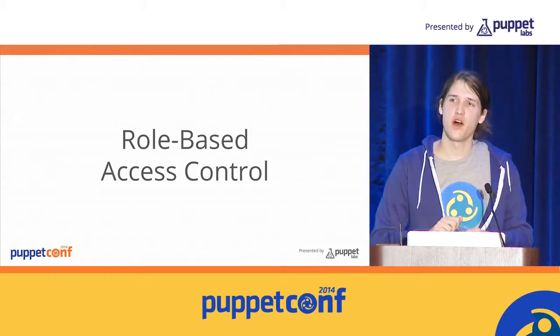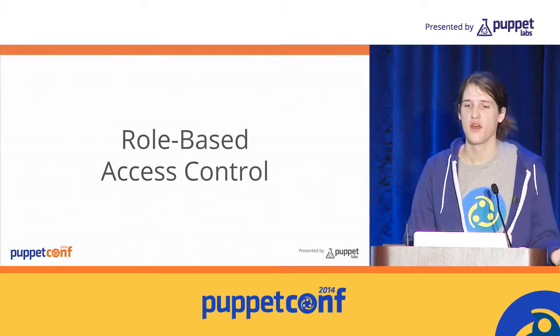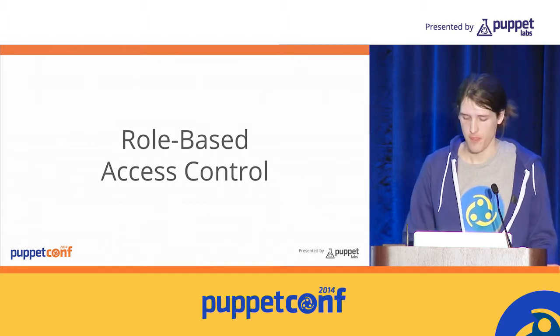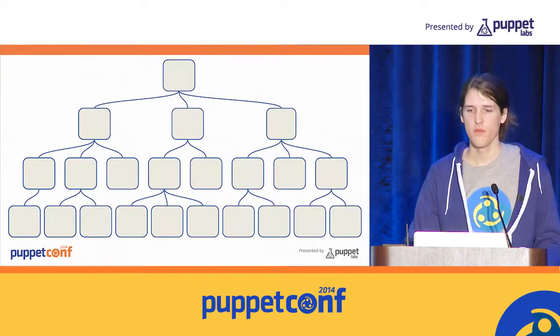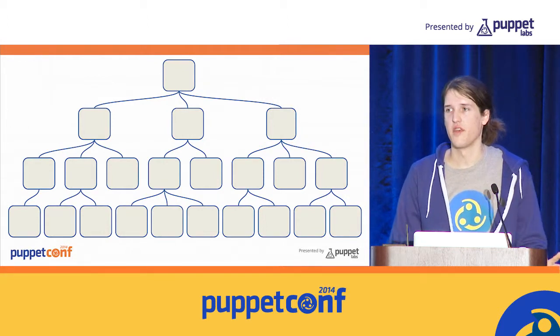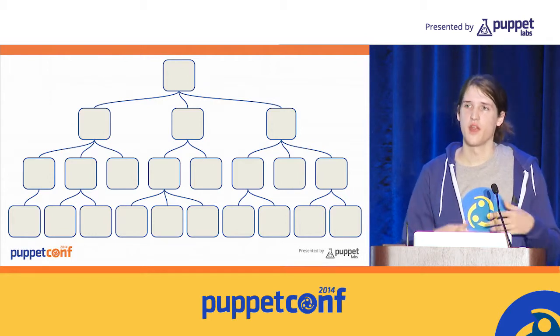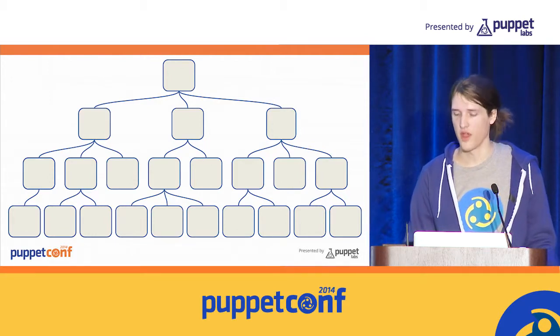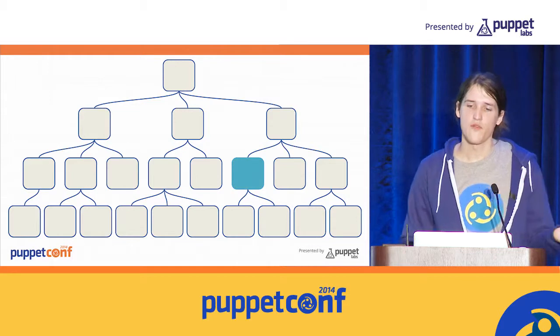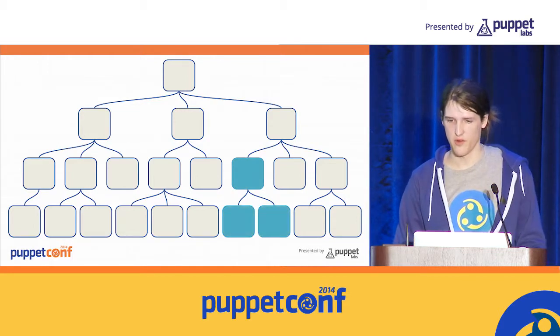So finally, I'm going to talk about the role-based access control permissions that we have in the node manager. Now, the first thing to know about the permissions is, like many other things in the manager, permissions are going to inherit downward through the hierarchy. So if you have a permission on one group, then you'll have it for all of its immediate children.